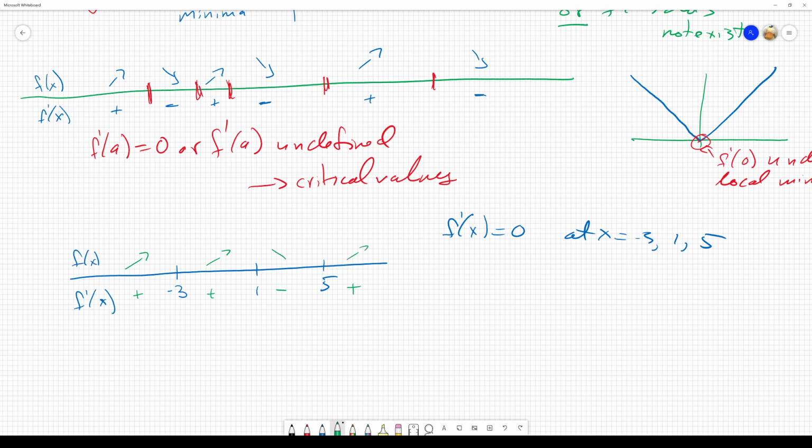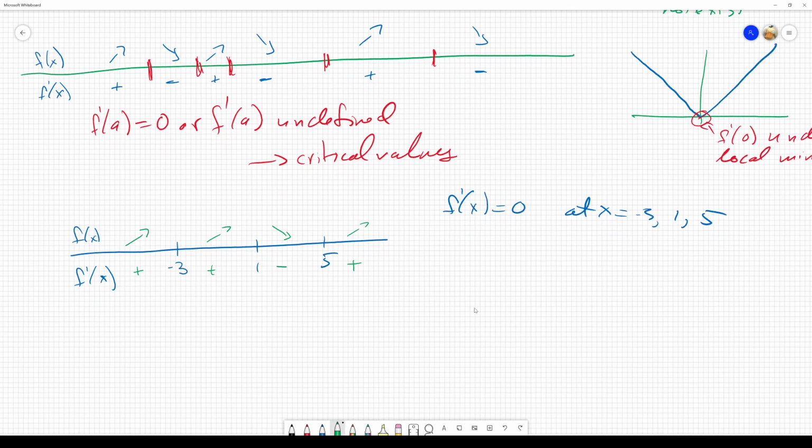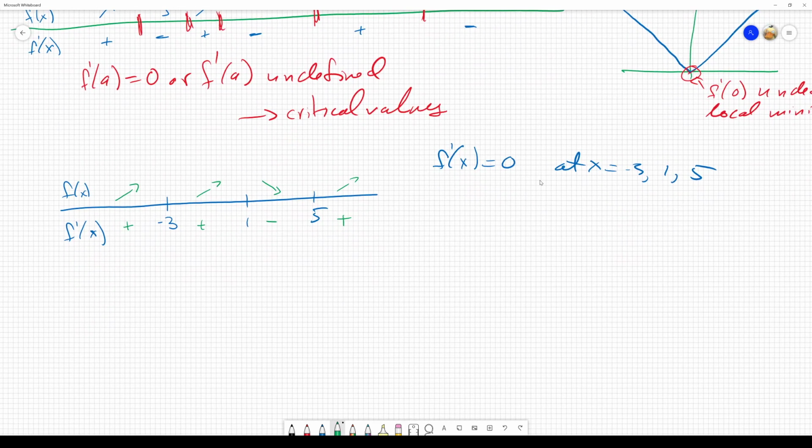And if the derivative is negative, that means the original function is decreasing. So then we can draw some axes and find some points. Usually you'd figure out what f of -3 equals, what f of 1 equals, and what f of 5 equals, and then plot those points on the graph.